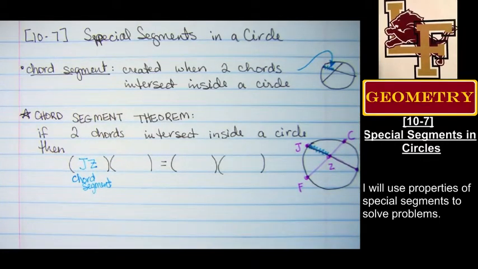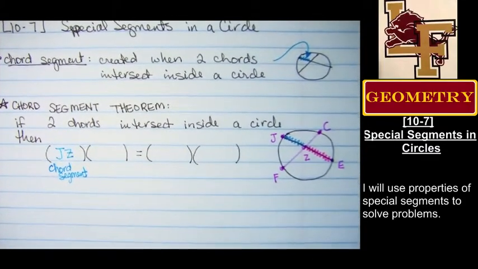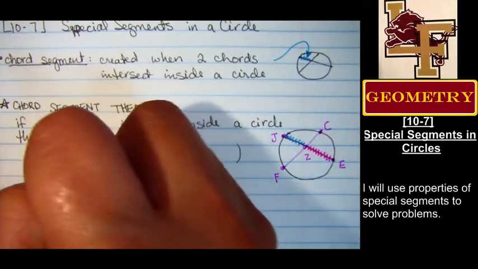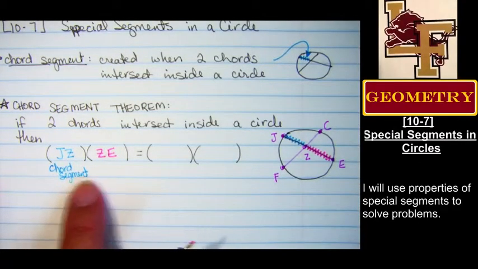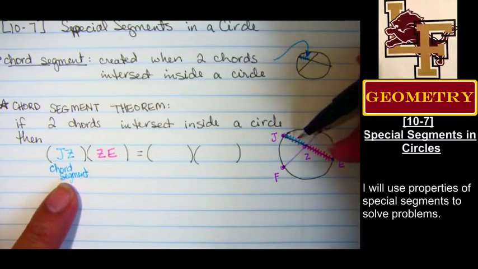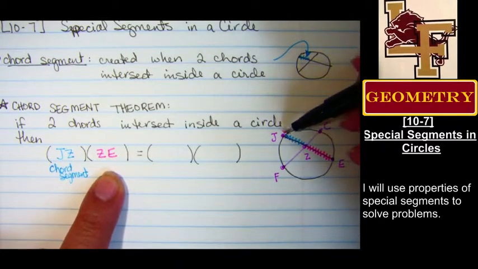Each of these are chord segments, but I need you to watch carefully as to which segments are getting used. These two chord segments on the same side of the equal sign are on the same chord. Do you notice? This chord segment is this piece, and this segment is this piece. It's the same chord.